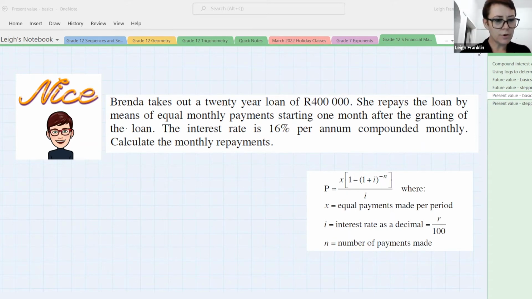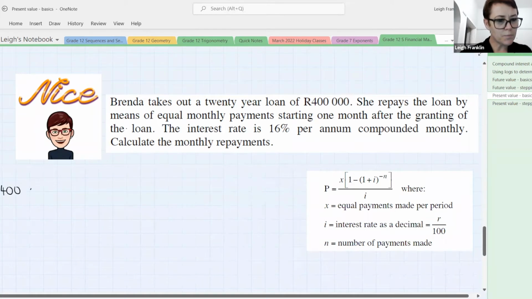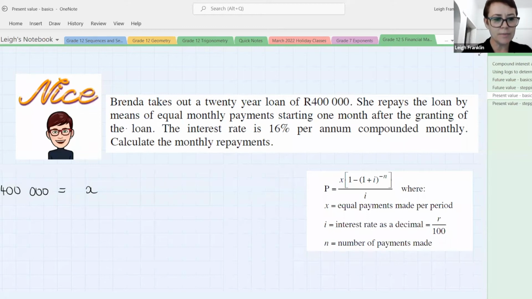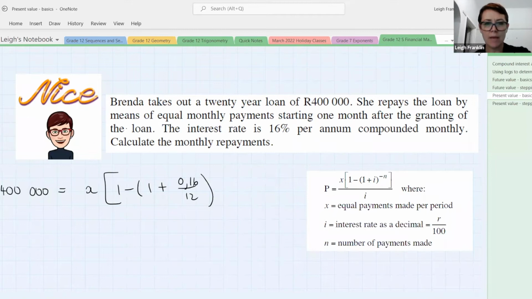Okay, I'll just put that up and then we can quickly move on. Here we're calculating the value of X, the monthly repayment. Compounded monthly, the number of payments, again, starting 1 month after the granting of the loan, 20 years. So that's going to be minus 240, isn't it? Because it's 20 times 12.